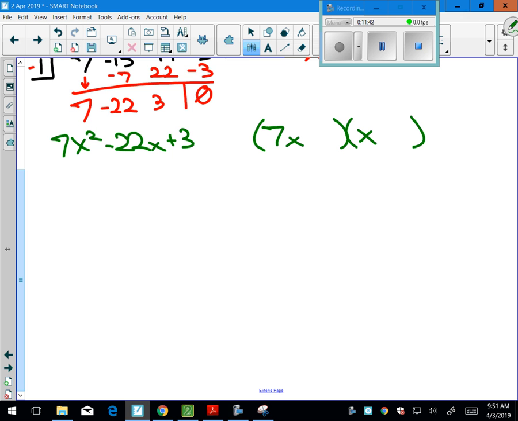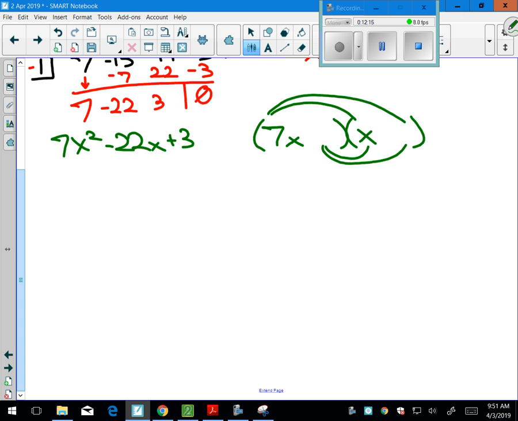But what I'm looking for now is some combination, because I know 7x times x is going to give me 7x squared. Now I'm looking for 7 times a number, in combination with some number times x, that gives me a negative 22, and those two numbers, when multiplied together, give me a positive 3.